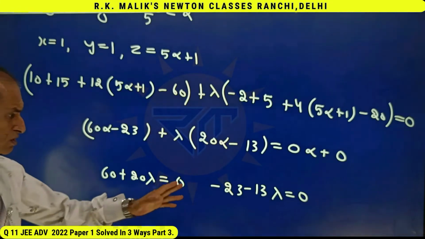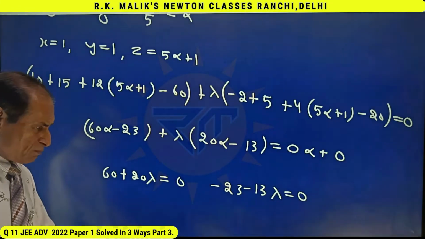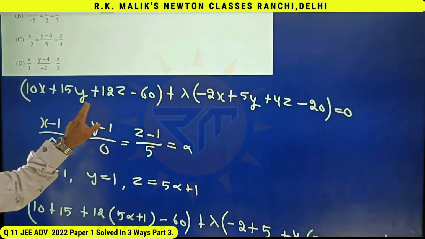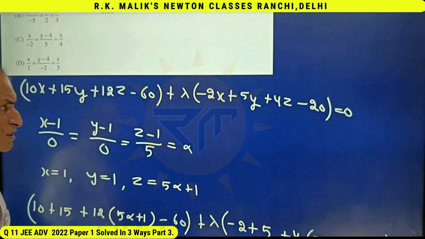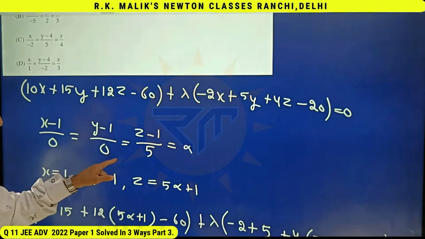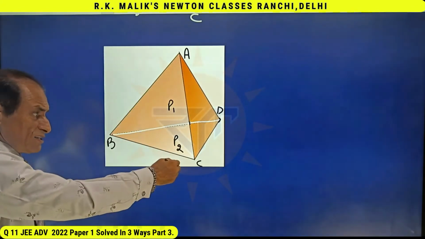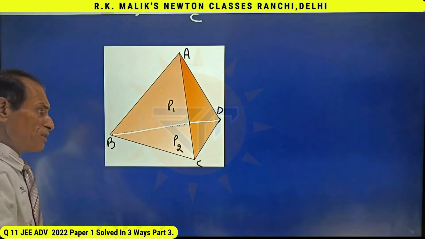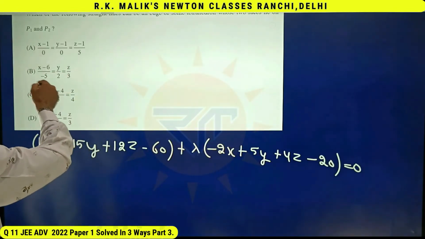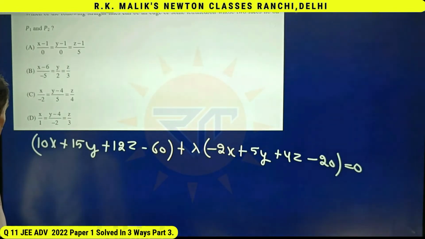Because I am getting two different values of lambda, it means this line cannot lie in this plane. Hence, I can say this line is of the type AC. Hence, it can become edge of the tetrahedron.